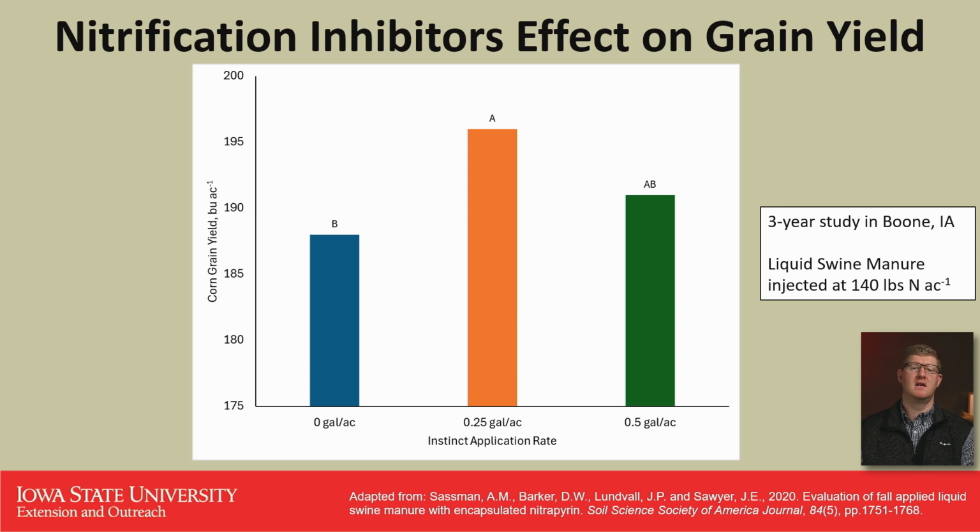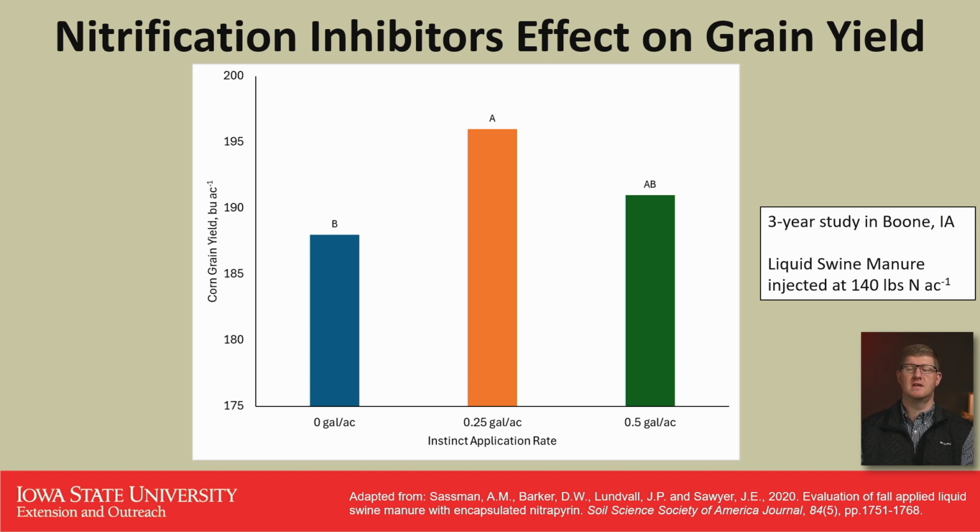But what I'll highlight here is that in this case, we are looking at 188 bushels per acre for the no Instinct treatment versus 196 bushels per acre for the labeled rate of the treatment. So you're talking 8 bushels per acre.